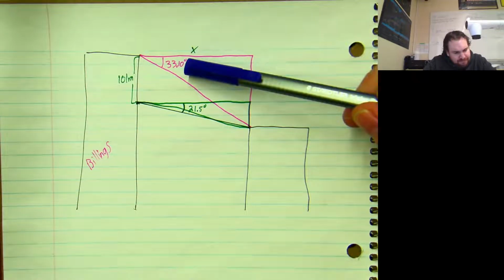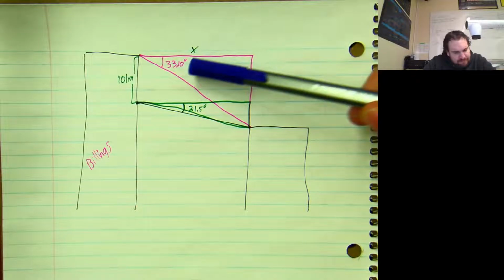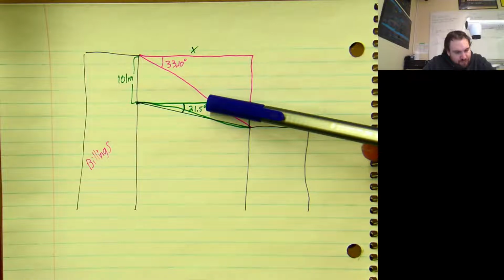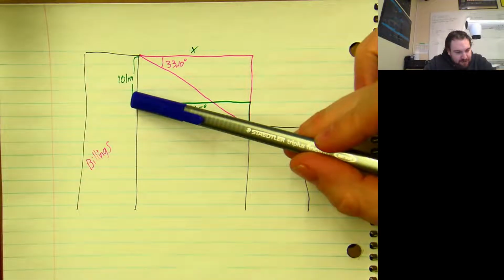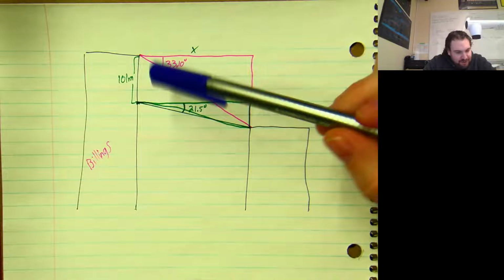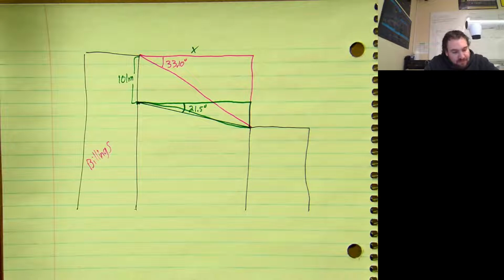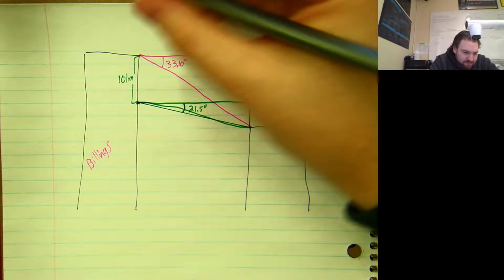And then if you continue it into where the 101 meters is, and you have that right triangle, of where the pink, green, and black all line up. Right here? Yeah. So if you subtract the 33.1 from 90, you can get this angle here. Yeah, I suppose we could do that. So it's going to be 66.9. It's an option. Not sure how useful that's going to be, but it's an option.